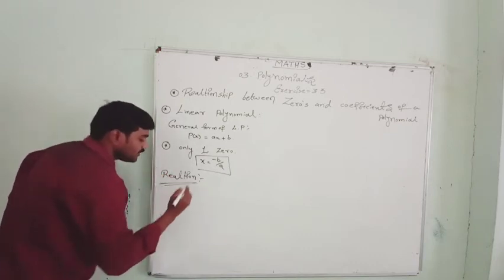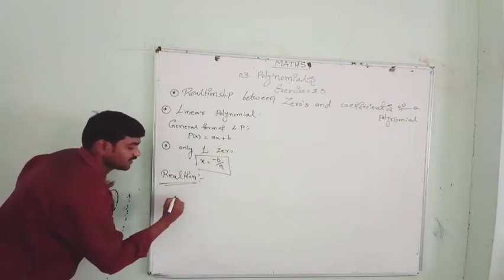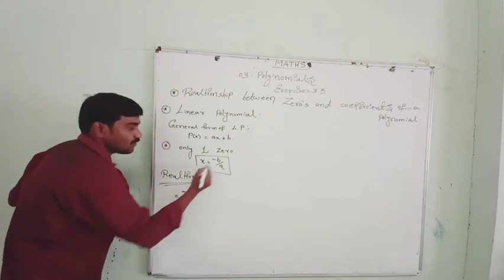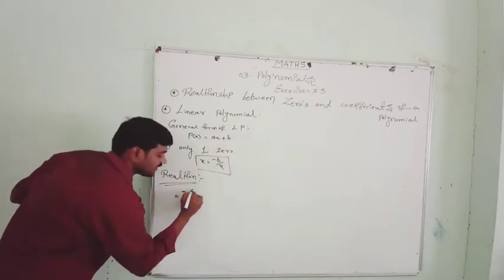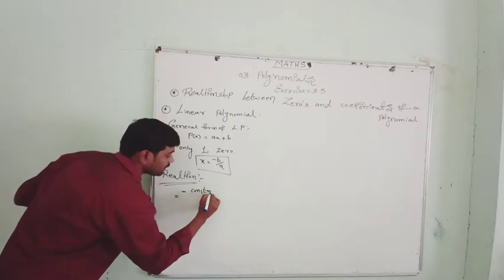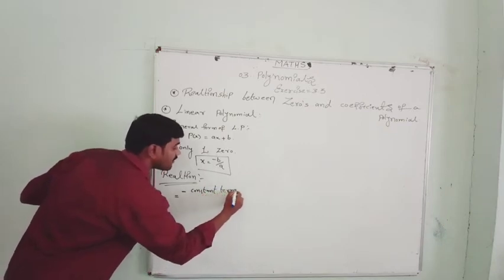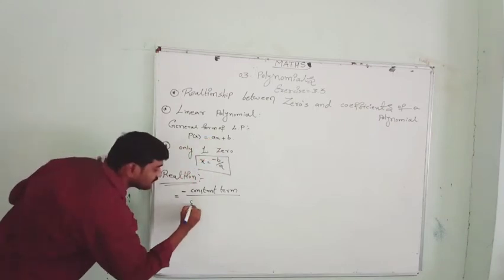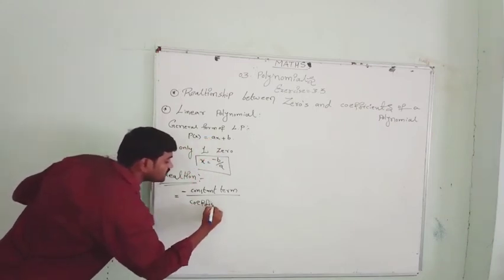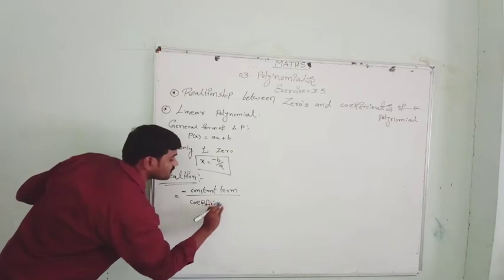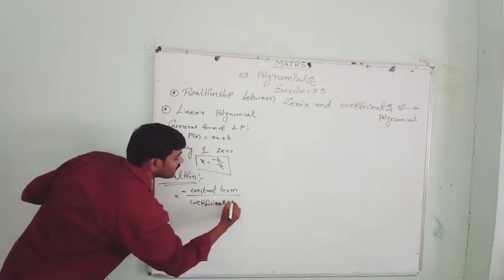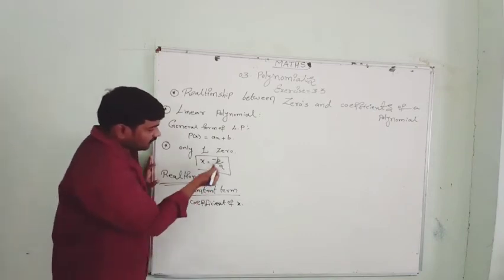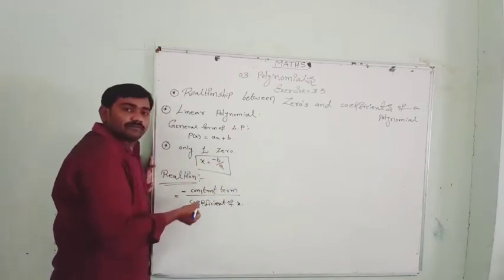See, simple now. The relation is the zero will be minus b by a. What is b? B is nothing but the constant term, and a is nothing but the coefficient of x. By this we will get this formula.